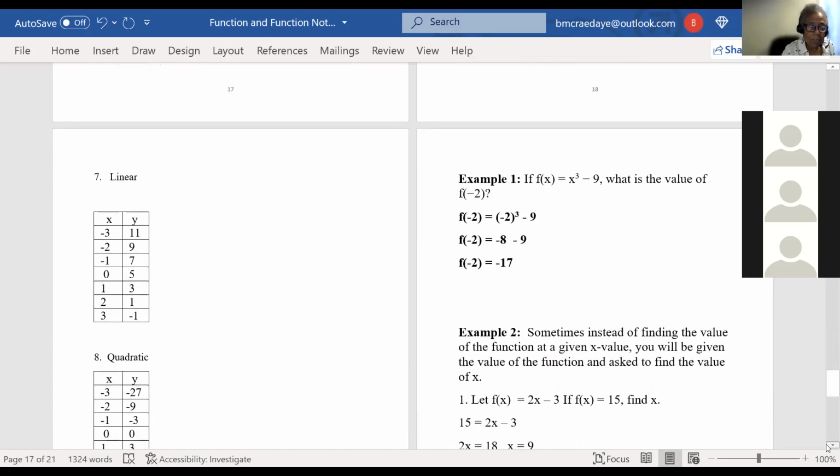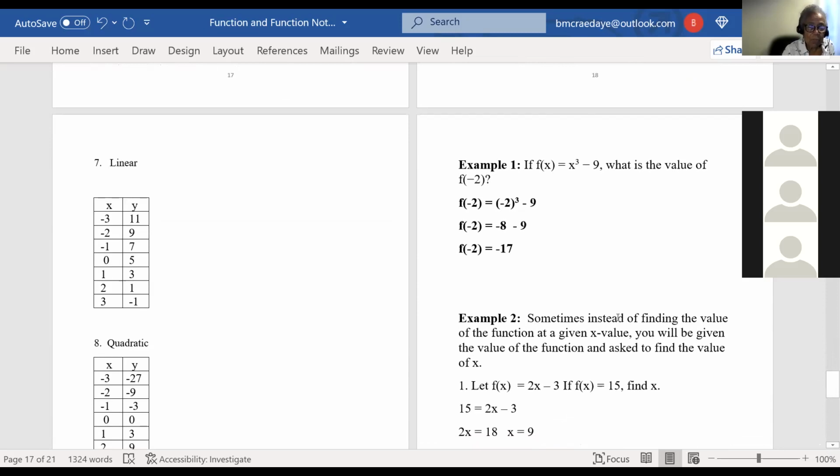Now, this is something I want to show you. Sometimes when you're trying to find a function, you're not looking for the variable, you're looking for the actual value, what we call the Y value, like this one.